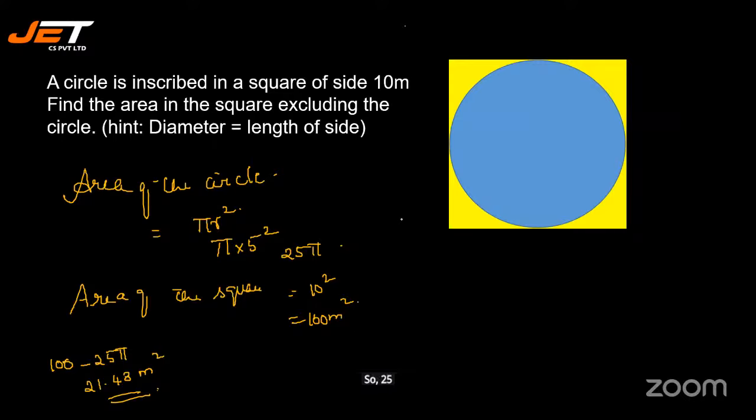Area of the square is length into length, that is 10 square, because in a square all sides are the same. So it is 100. So now the question is find the area in the square excluding the circle. So you are finding out the area of the square, that is 100, minus the area of the circle. So that would give us the answer for the area in the square excluding the circle.